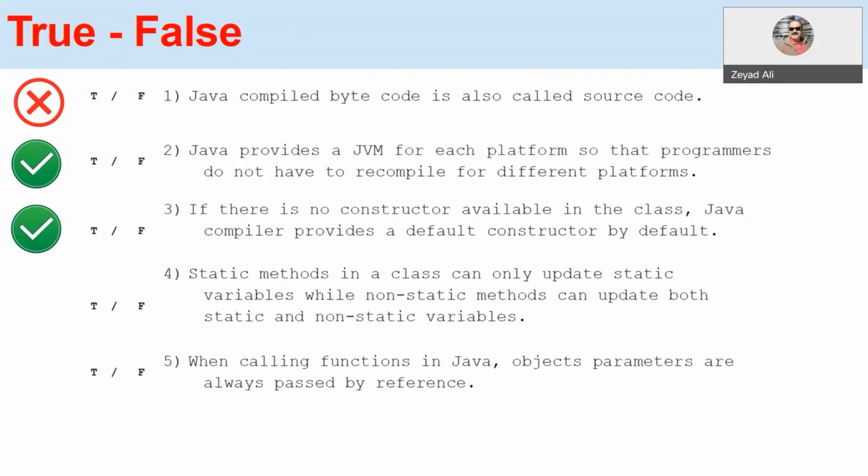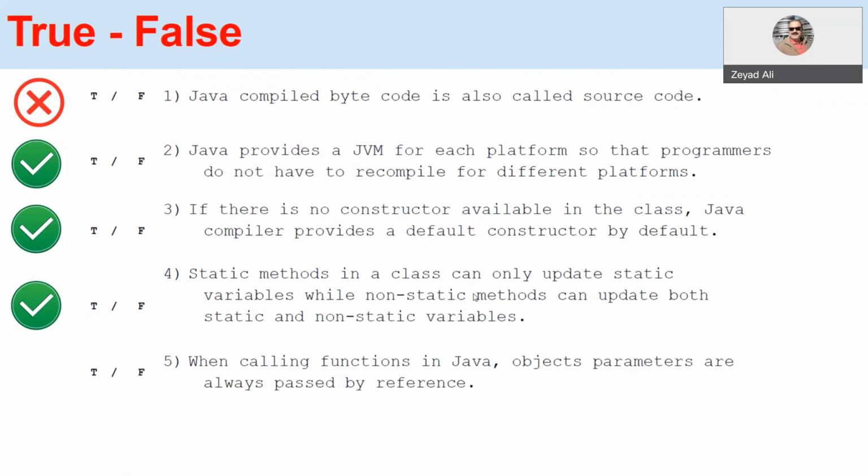However, non-static methods can update both static and non-static variables. From non-static to static, no problem, because there is only one static variable. However, from static to non-static is a problem, because each object has its own copy of that variable. So the answer is true. However, if the answer says static methods can update static and non-static, it would be false.